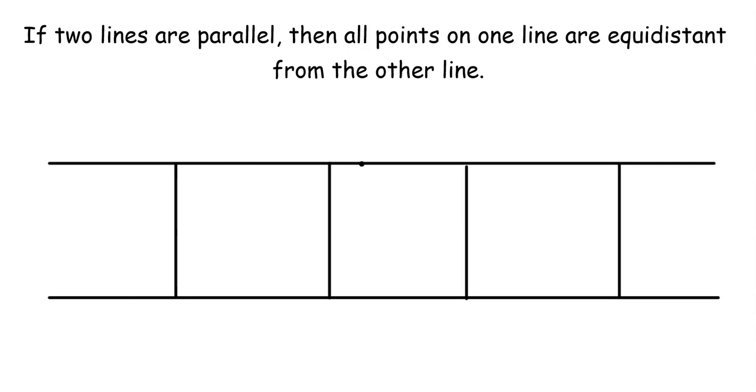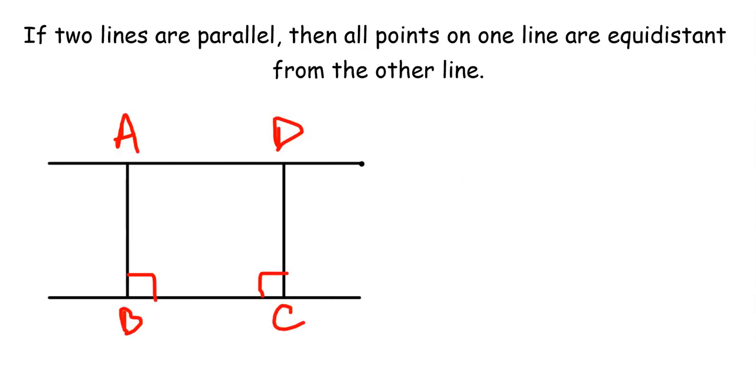So the way that we're going to prove that here in the video is we're going to shorten those 2 lines so that we have a space to write our proof, and we're going to choose 2 arbitrary points on our top parallel line here, A and D, and we're going to drop perpendicular segments to line BC. So the segment AB is the distance from A to BC. The segment DC is the distance from D to BC.